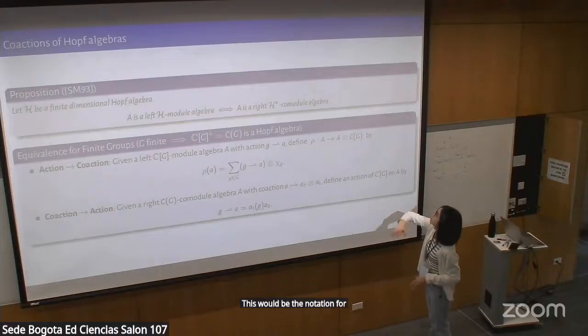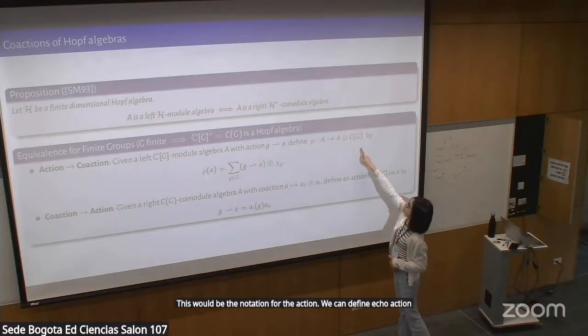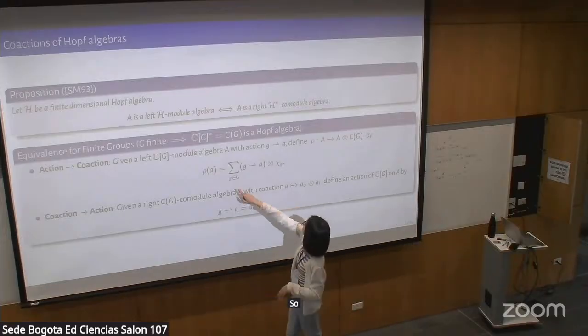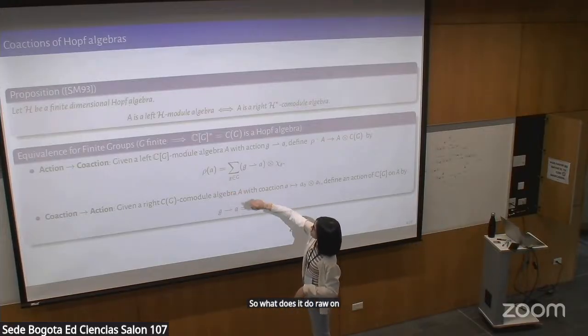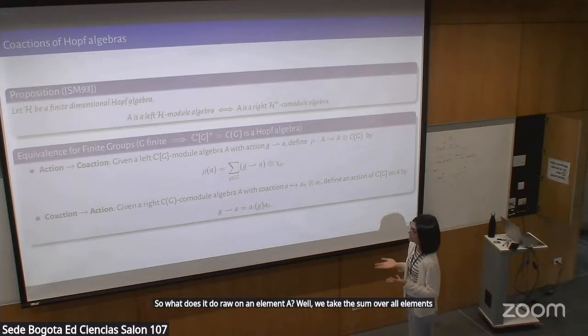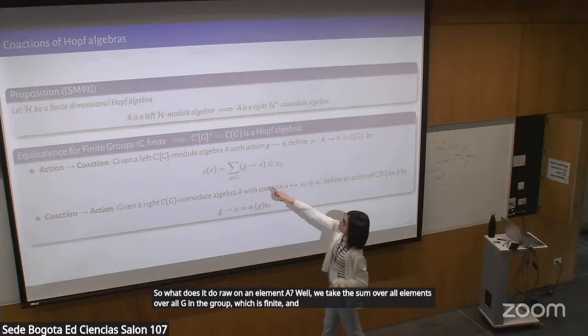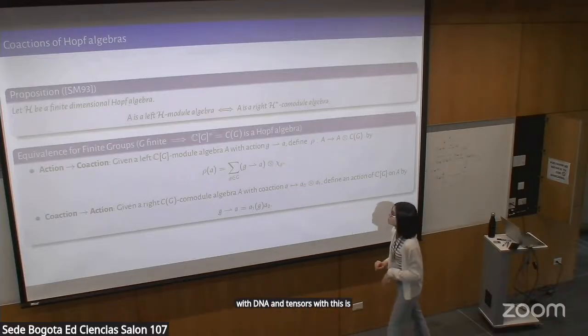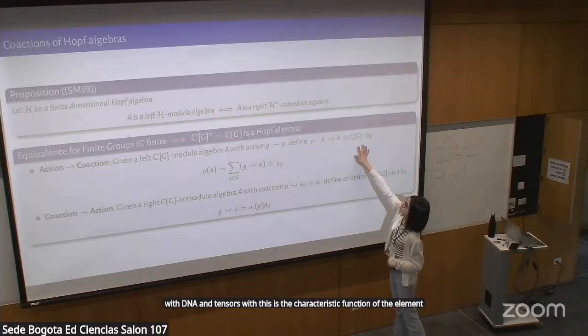We can define a coaction of the dual. So what does rho do on an element a? Well, we take the sum over all g in the group, which is finite, and we act with g on a and tensor with the characteristic function of the element g, which is an element here.